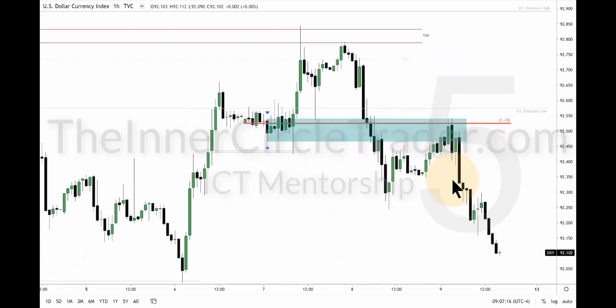If you take note inside of this fractal, that down close candle prior to this run up, so in other words, we had this short-term high in place, this short-term low, and then we made this high at the gap, and then on Thursday we broke down below that short-term low, and then we traded back up into the daily bearish order block, which is that red level, and then we have this down close candle, which is the breaker.